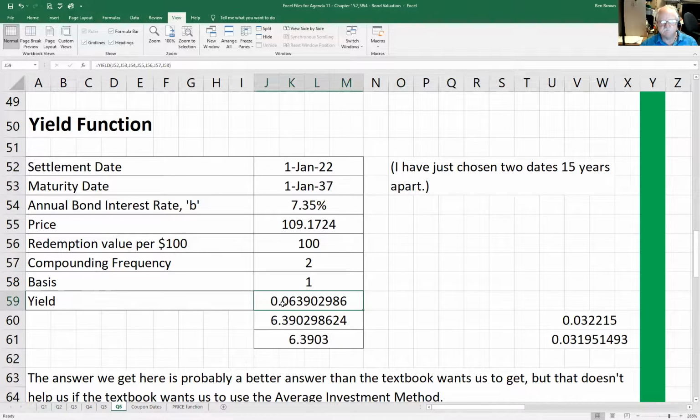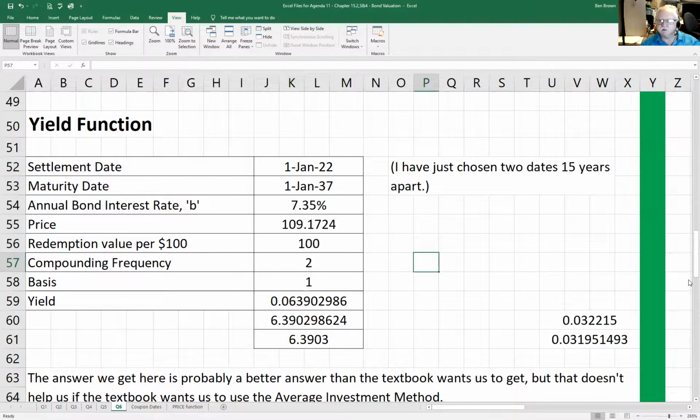Notice down here, the function we're doing is yield, and all these arguments. So the settlement date we can put in, the maturity date, the bond rate, this price that they've given us, the redemption per 100 again, the frequency, which is going to be 2, and the basis, which is 1 again.